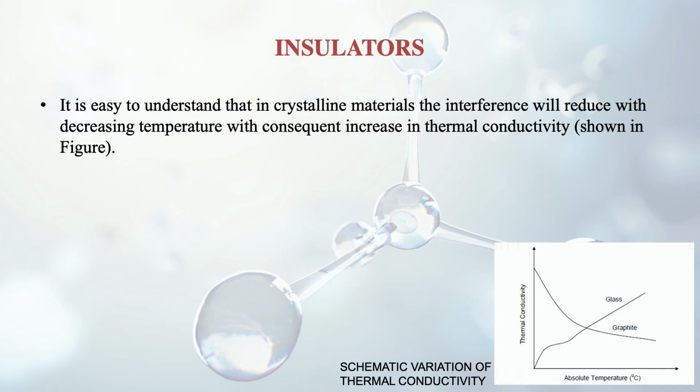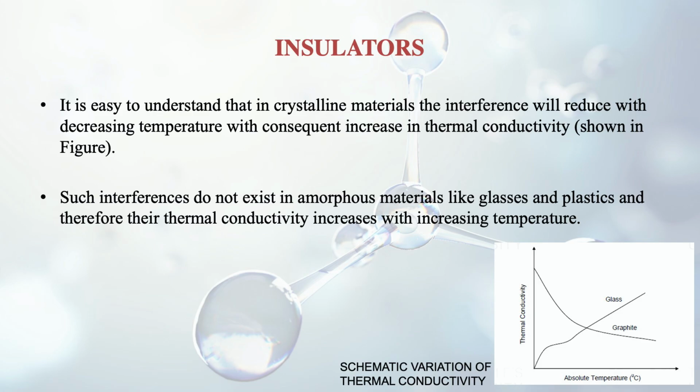Then there is interference also between the elastic waves and the defects, and this causes anisotropy of the heat conductivity, meaning the thermal conductivity will not be the same in all directions. One thing that can be easily understood is that in crystalline materials, interference will reduce with decreasing temperature, and further there will be an increase in the thermal conductivity.